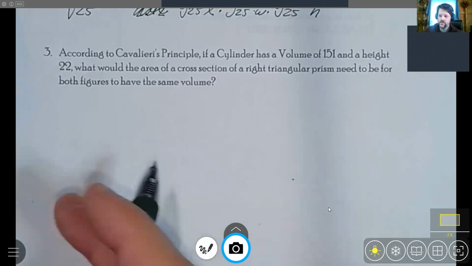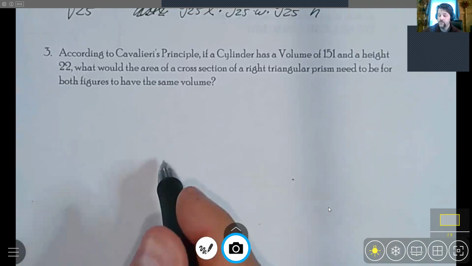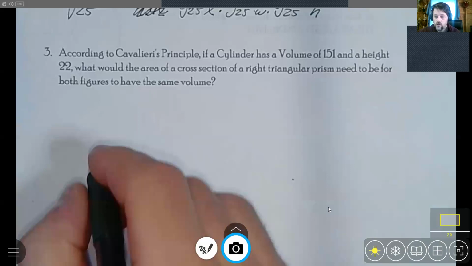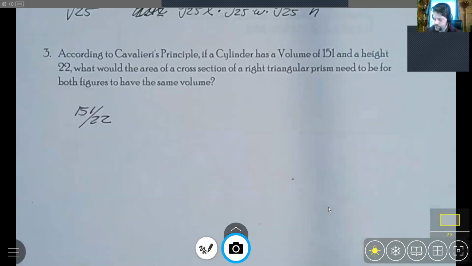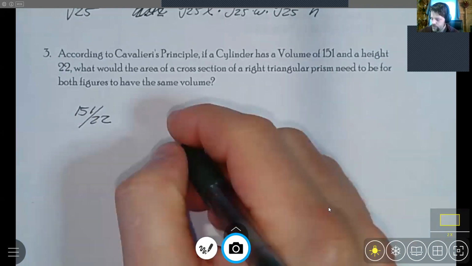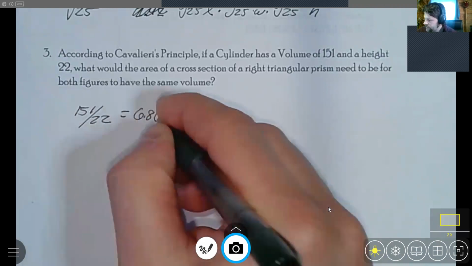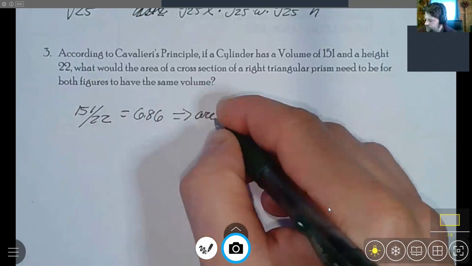Both a cylinder and a prism, to find the volume, you take the area of the base times the height. So if I take 151 divided by 22, the volume of the cylinder divided by its height, I get 6.86, which is the area of the cylinder's base.